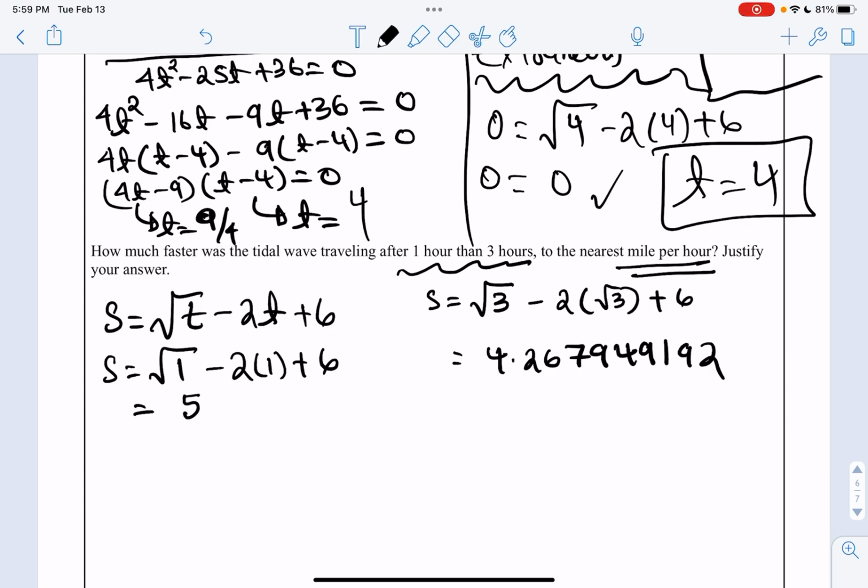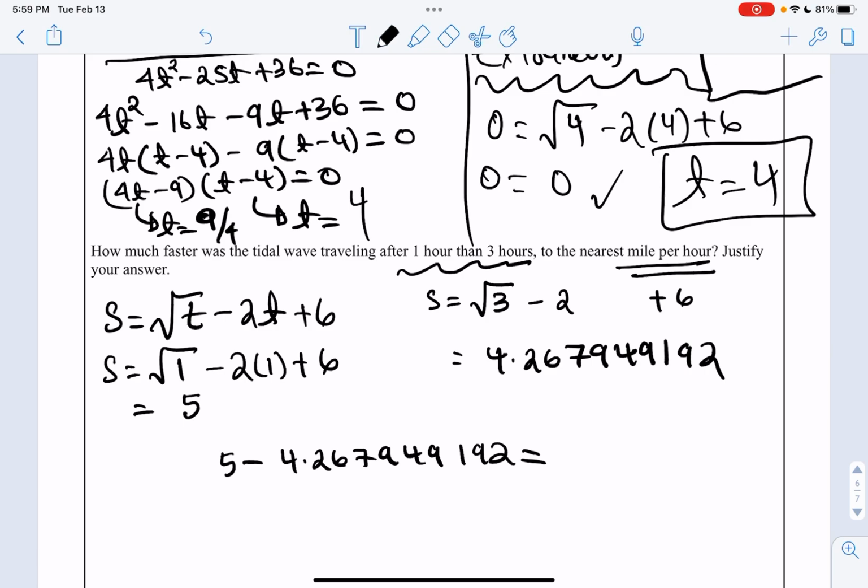I'm going to go ahead and subtract them. 5 minus 4.267949192, and that gives me, let's see. Oh, this is not a radical 3.